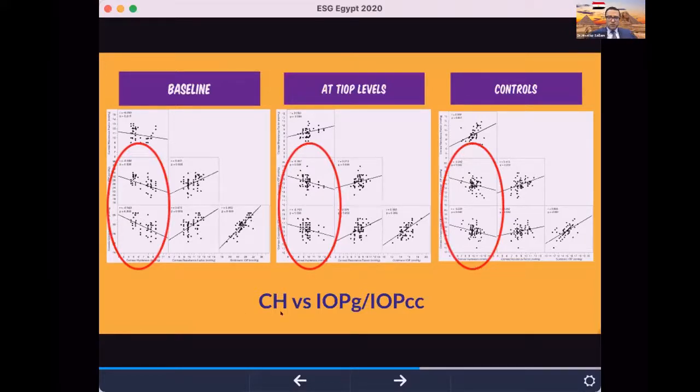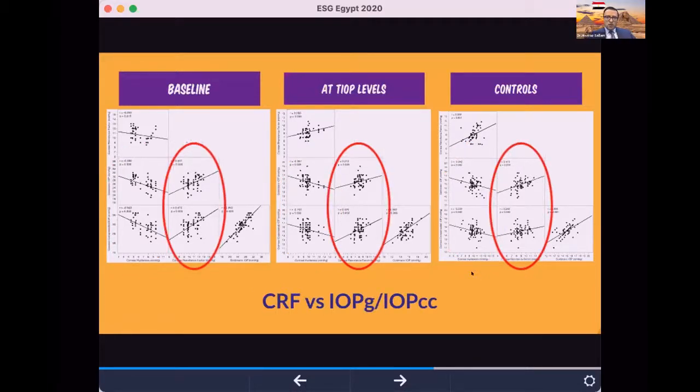Then corneal hysteresis is always negatively correlated with changes in IOP. On the other hand, the corneal resistance factor is positively correlated, also all over the time, at baseline, after treatment, and among controls.